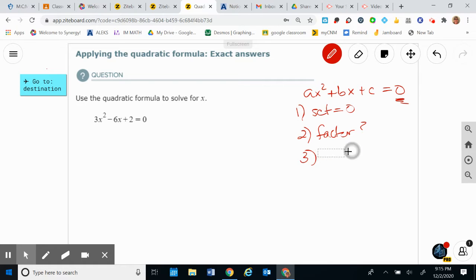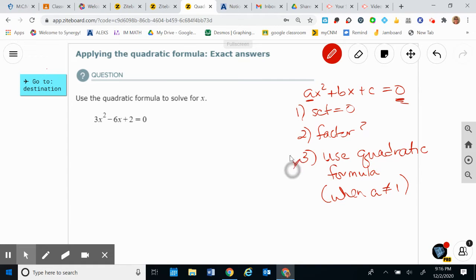then you can use the quadratic formula. This is better when A is not equal to 1. If A is anything other than 1, use the quadratic formula.